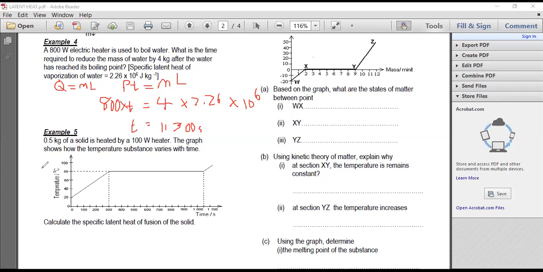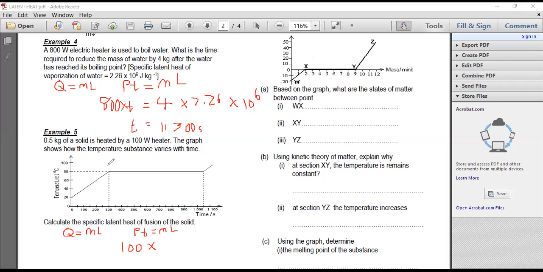Okay, next. A 0.5 kilogram solid is heated by a 100 watt heater. The graph shows how the temperature of the substance varies with time. Calculate the specific latent heat. You can use Q equals ml. Q is Pt, so Pt equals ml. Your power is 100. Now what is the time?